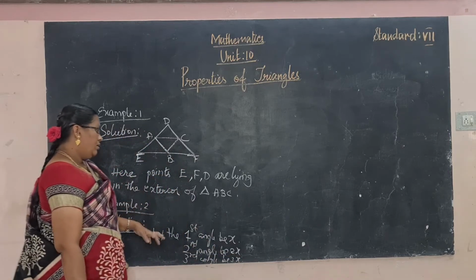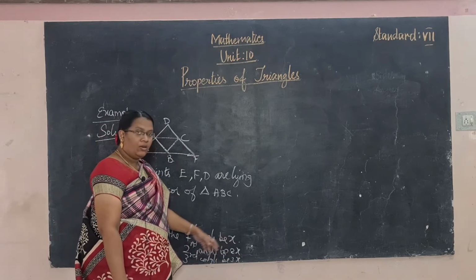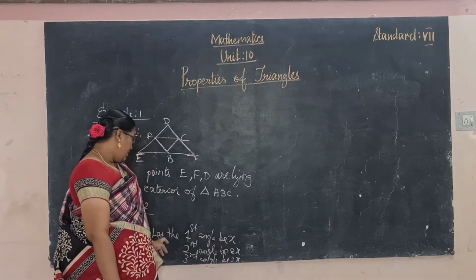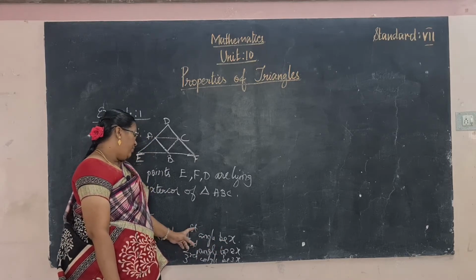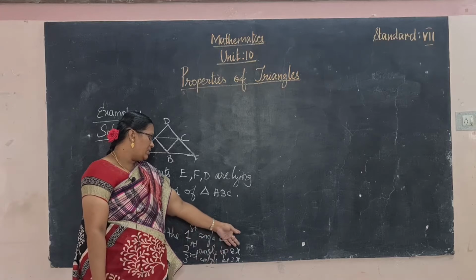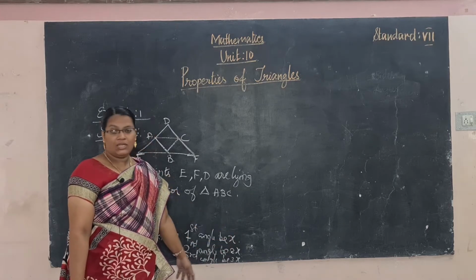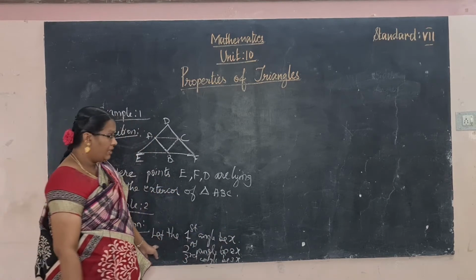You can write in a single line: let the first, second and third angles be x, 2x, 3x respectively.